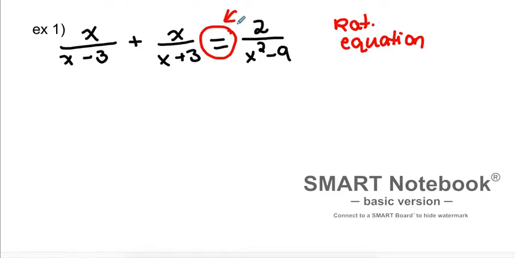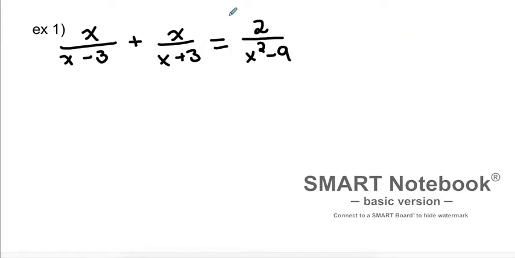Okay, so now what we're trying to do is we're looking for the x value that'll make the left side and the right side equal to each other. What makes this a little bit harder than what we're used to is the fact that there are variables in the numerators, there are variables in the denominators, there's x's everywhere, and it's even harder to solve because we have fractions.